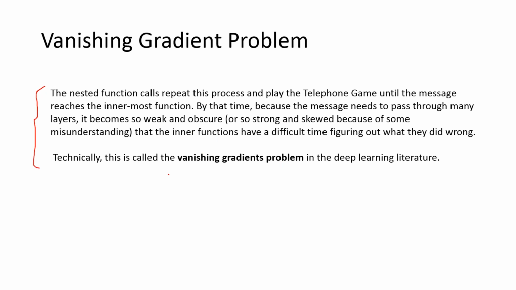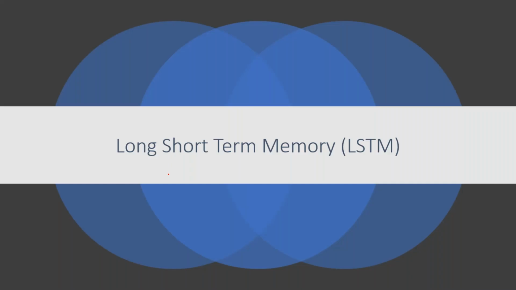So I think that gives you an idea of what exactly the problem is that RNN brings in with its simplicity. And how do we solve that? We have a new model or concept called long short-term memory, LSTM. By the name, it's basically a long short-term memory.